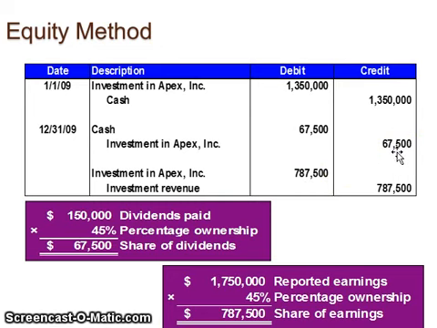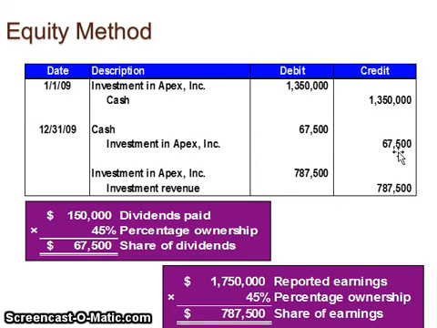Even though that $67,500 is cash coming into us, it decreases the value of the investment in that company, because the value of that company has gone down by that amount as well. So we get cash because the dividends are coming to us, but it reduces the value of the investment. It was worth $1,350,000, and we're going to reduce it by the dividends that Apex paid out.